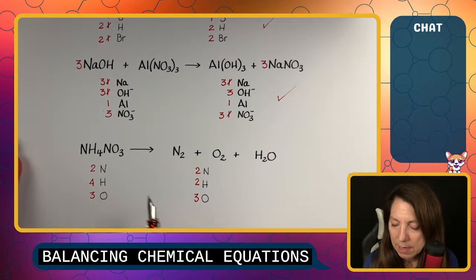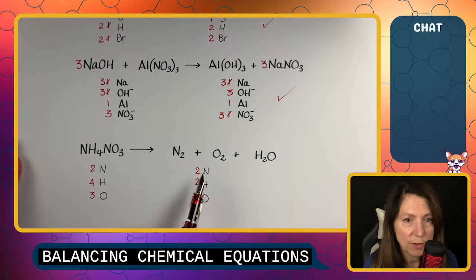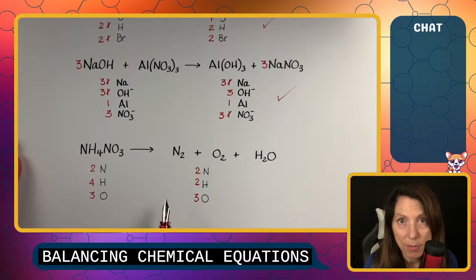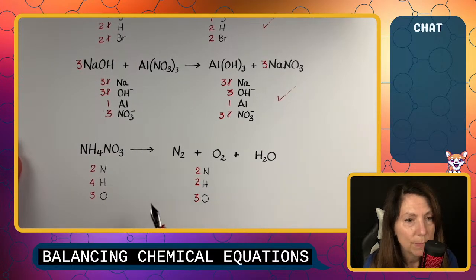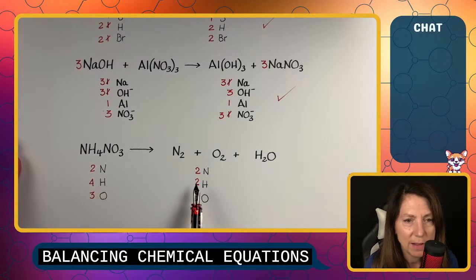So here's where we begin. We look at nitrogen and we see 2 nitrogen, 2 nitrogen. So to start with, let's not bother doing anything with the nitrogens. Let's work on those that we actually need to change, okay? And so a good place to start would be with the hydrogens. We have 4 hydrogens on this side, and we have 2 on this side.